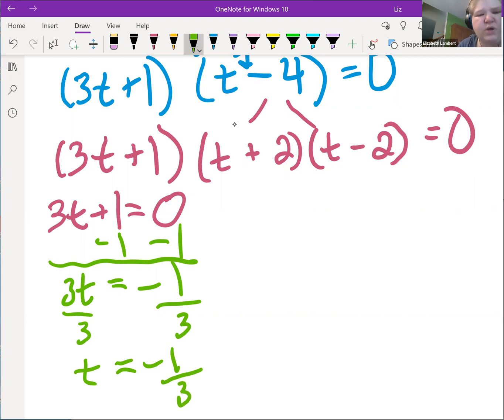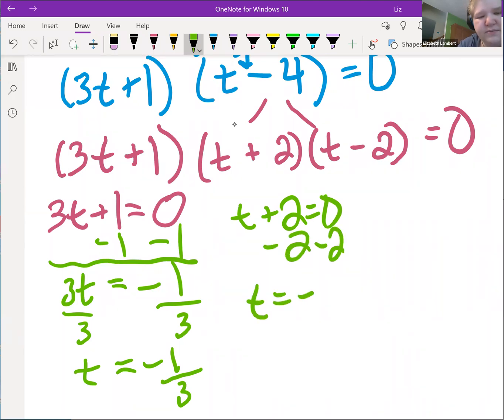So we got negative 1/3 from that first one, and then we're going to get plus and minus 2, but from the opposite side. So this will give us negative 2, and this will give us positive 2.